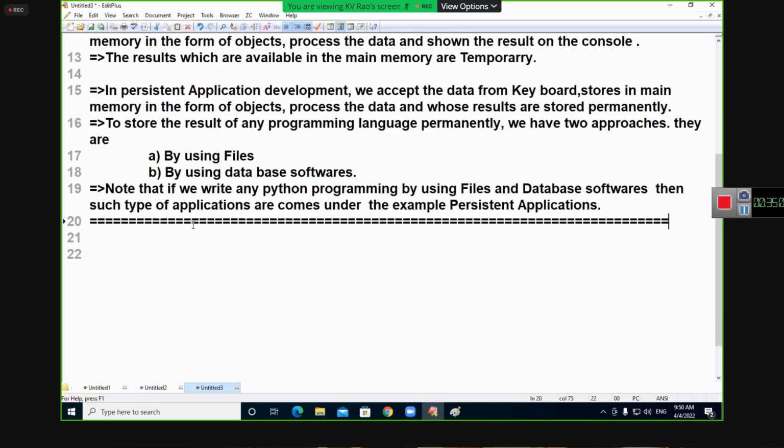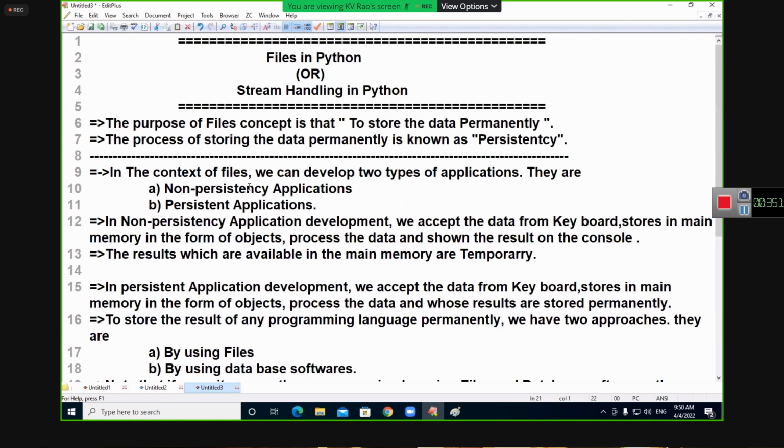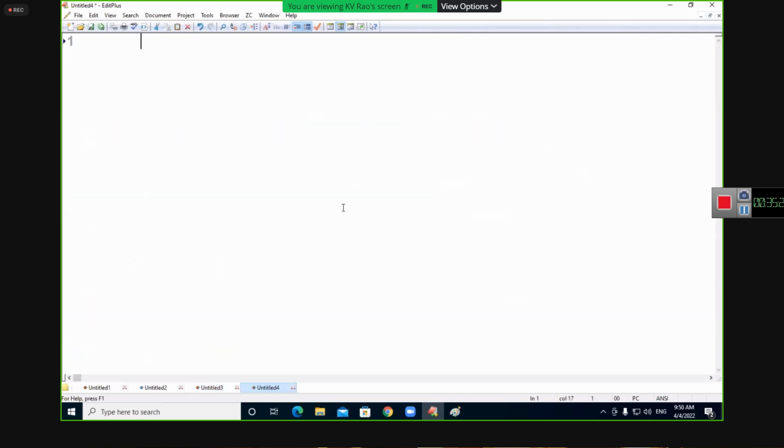Now I'm entering into the concept called with files, persistent application development by using files. I will go for it. Okay, persistent application development with the files I'm going to introduce. Okay, now I'm going to start with a most important thing.